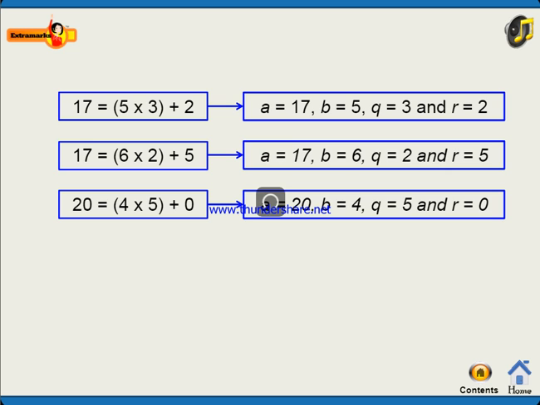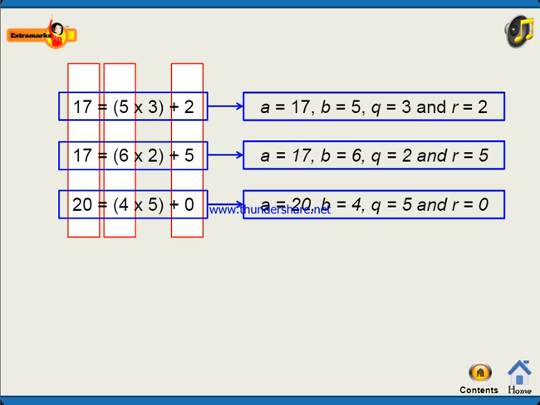Observe that in all the above cases, we have a positive integer a and another positive integer b, which divides the integer a and leaves a remainder r. Here we observe that r is always less than b. We can write the following expression. We will now define Euclid's division lemma.